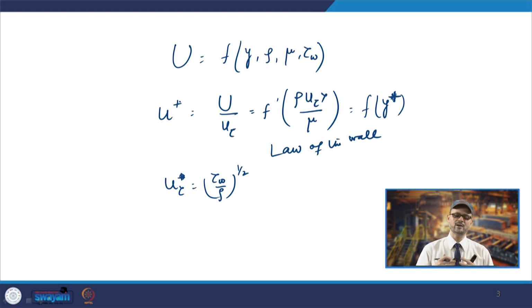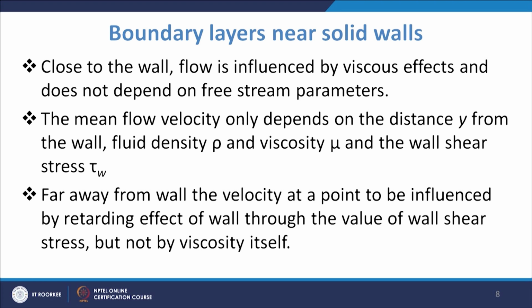Now, when you go away from the wall, the velocity at a point can be considered to be influenced by the retarding effect of the wall through the value of the wall shear stress, but not by viscosity itself.